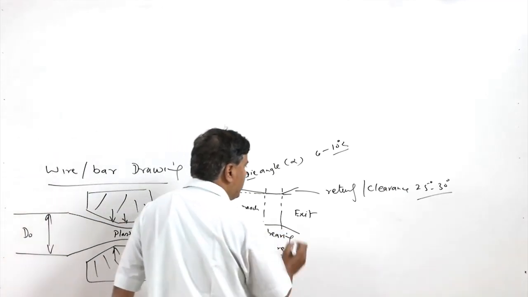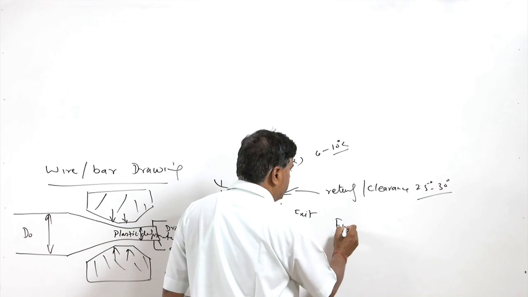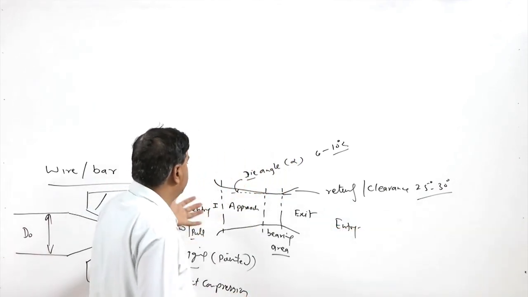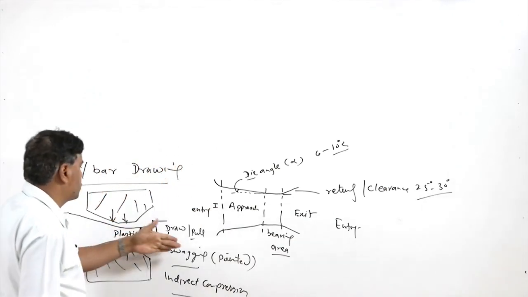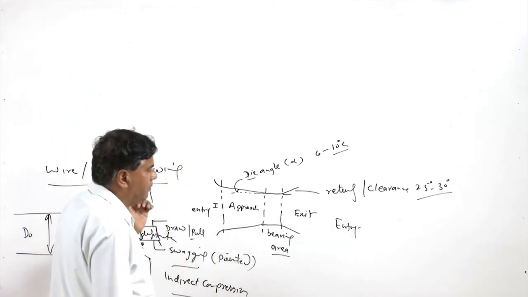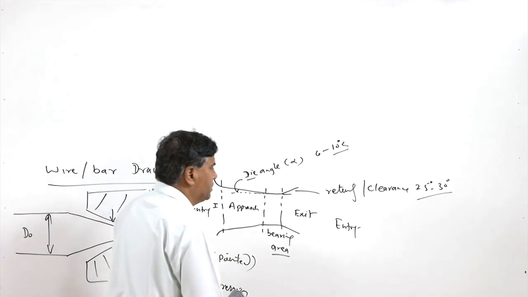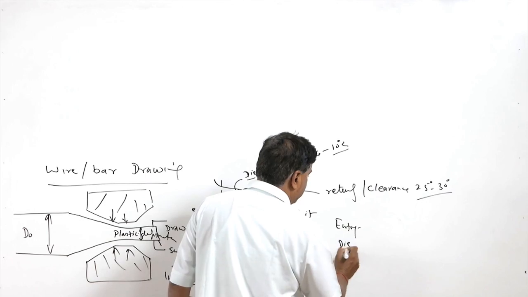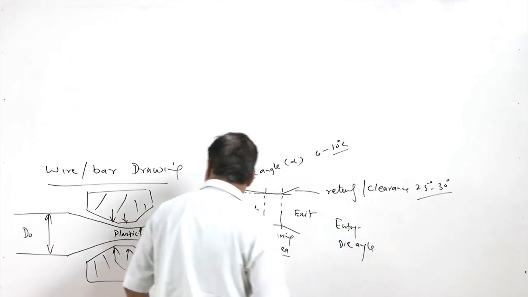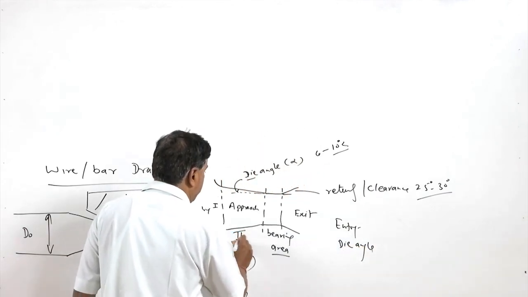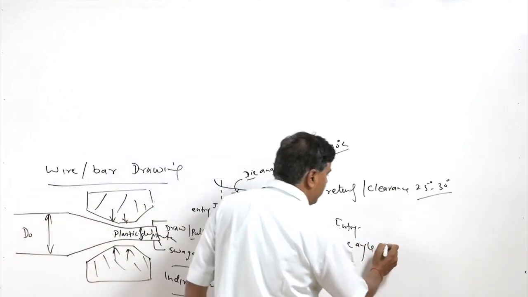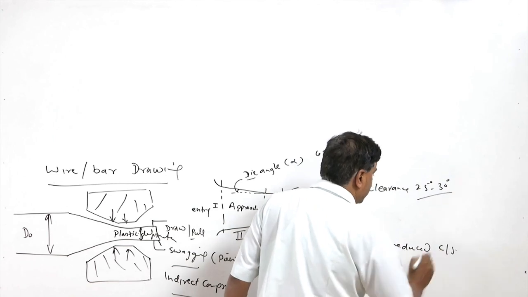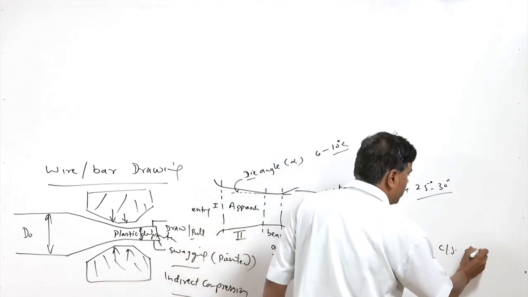So, if we see, the entry zone facilitates the smooth entry of the pointed or swedged bar or rod which is to be drawn. Then, giving the die angle, this is the second zone where metal is gradually reduced in terms of the cross sectional area or the diameter.